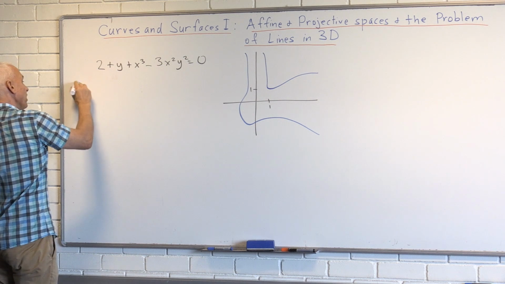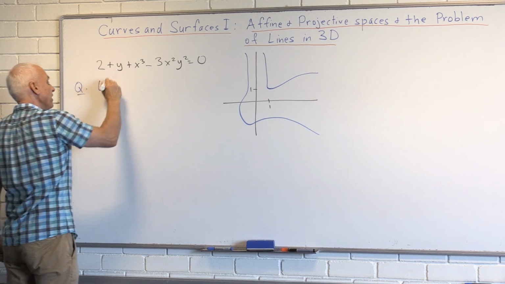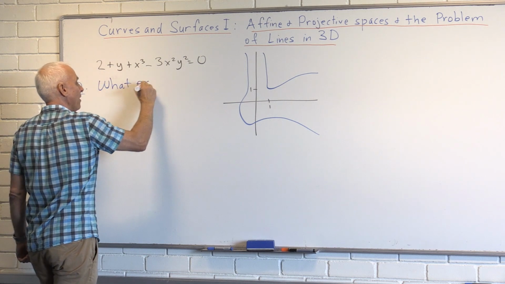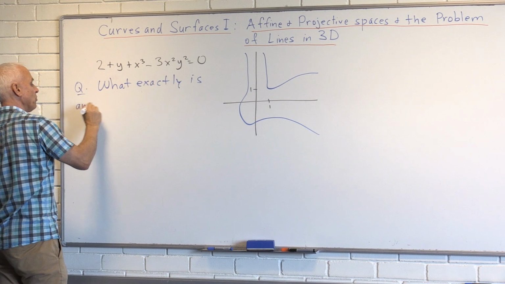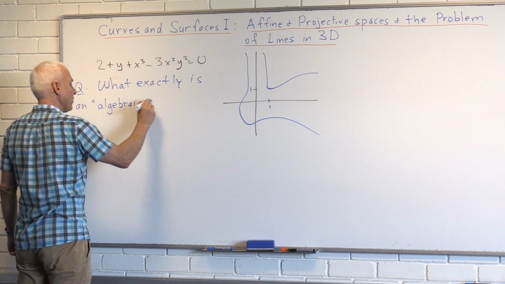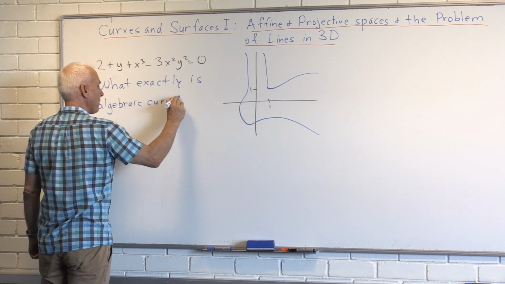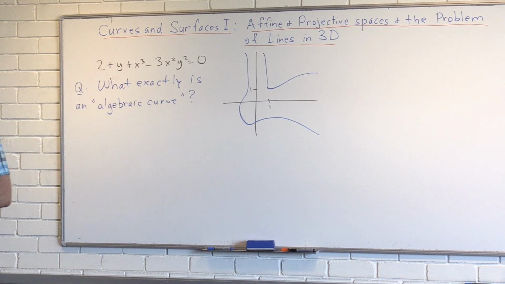But there's a question here, and I think it's a very interesting question, about what exactly is an algebraic curve. Now the standard answer is that an algebraic curve is the zero set of a polynomial.